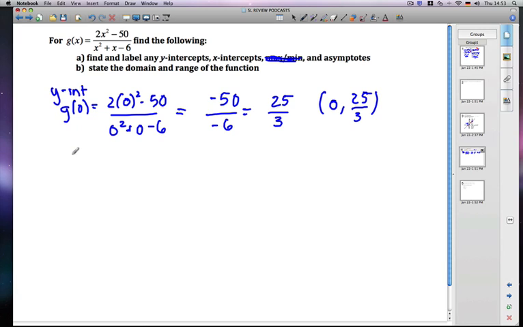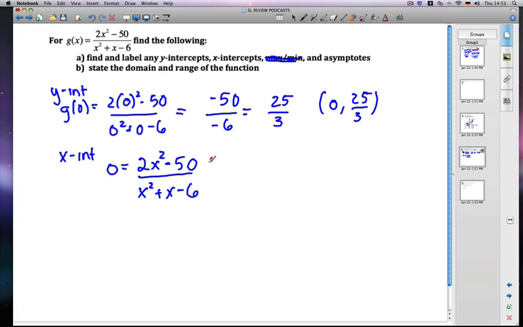Okay. A similar logic: the x-intercepts are when y equals 0, so we can set the function equal to 0. 0 equals (2x squared minus 50) divided by (x squared plus x minus 6). And what's the trick here, Mr. Curtis? I would just multiply both sides by x squared plus x minus 6.